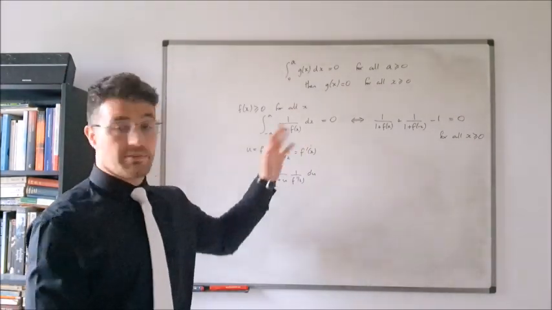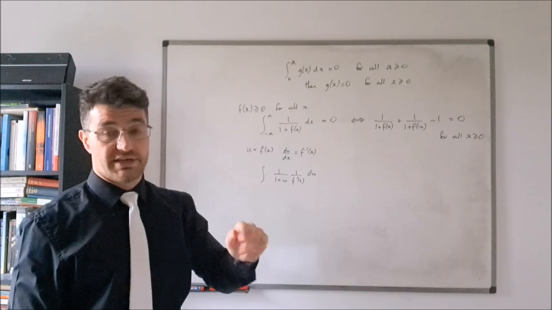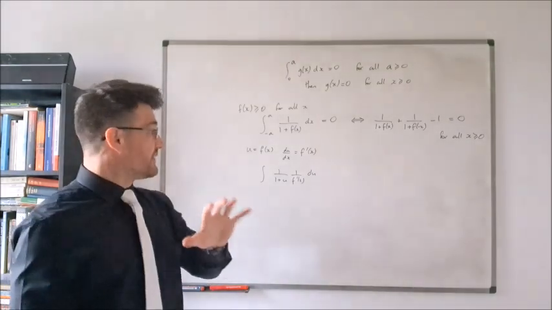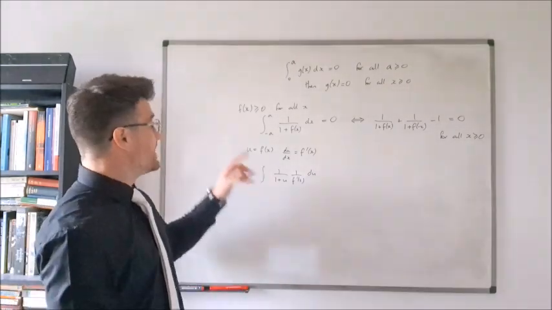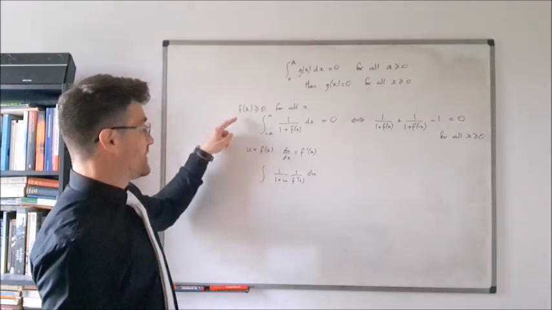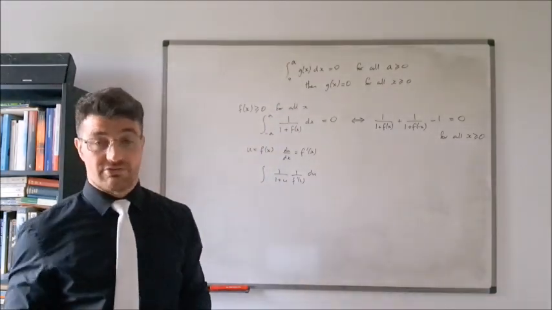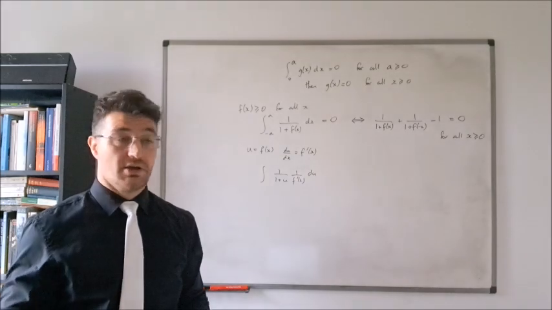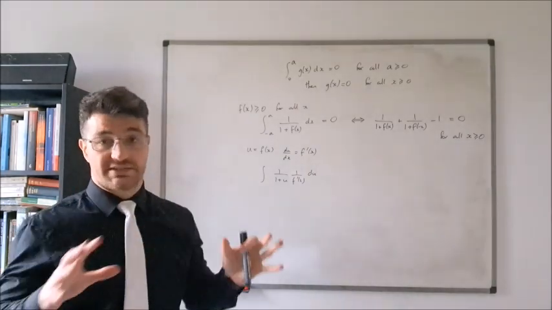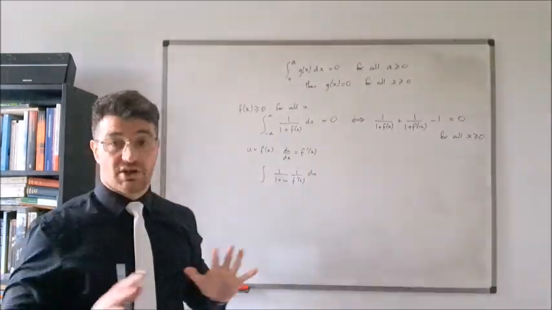We don't know what the form of it is. This could be an incredibly complicated function. All we know, for all intents and purposes, is that f of x is greater than or equal to 0 for all x. That doesn't narrow down the type of f of x into any particular type of function at all.